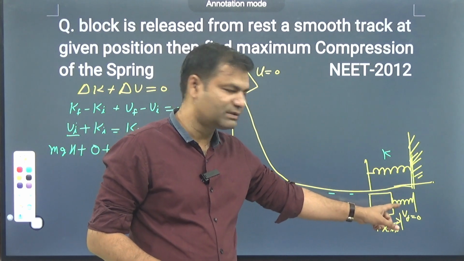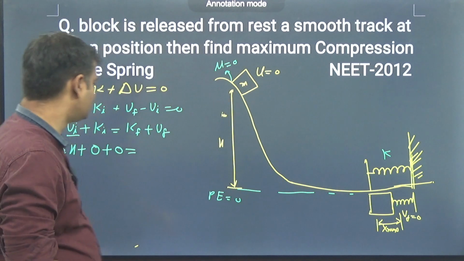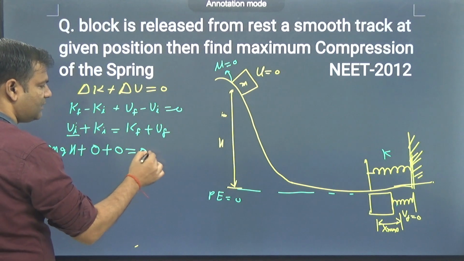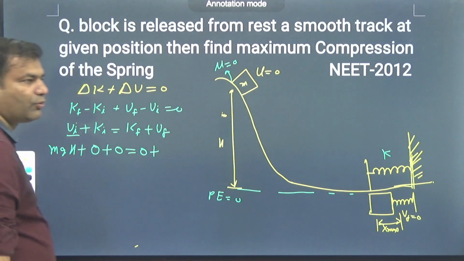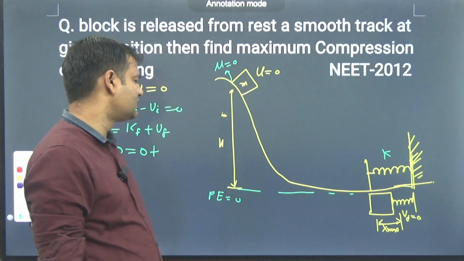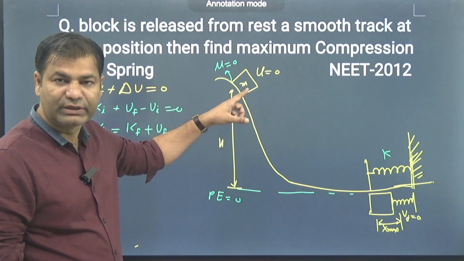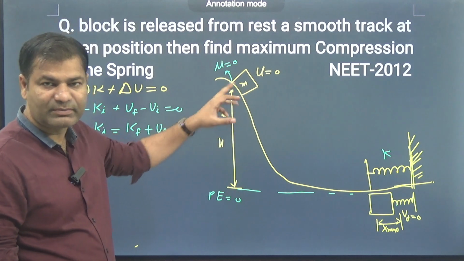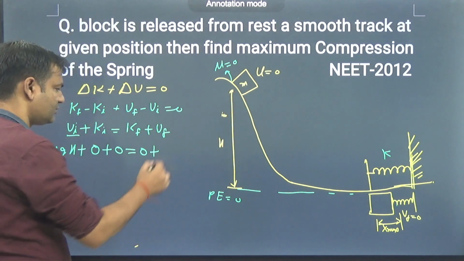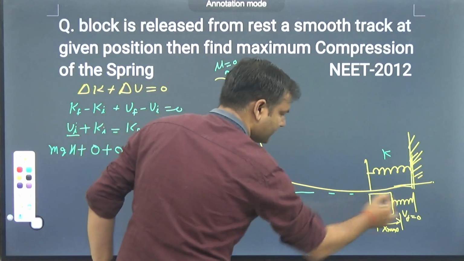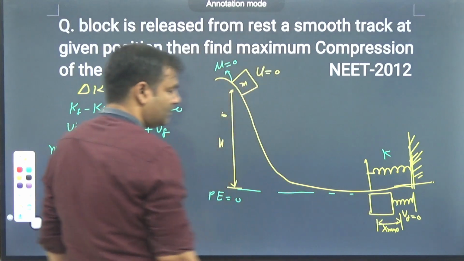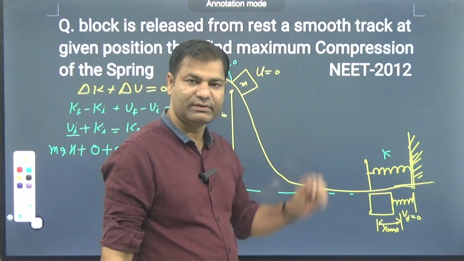The velocity of the block is 0 again, so kinetic energy is 0. Potential energy due to gravity of the block is 0 at that point, which is the reference.